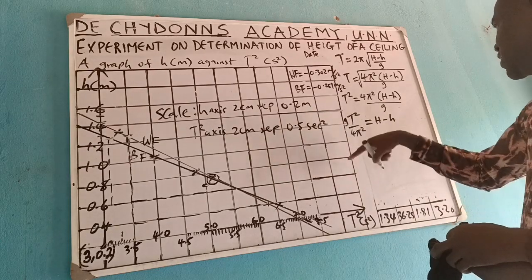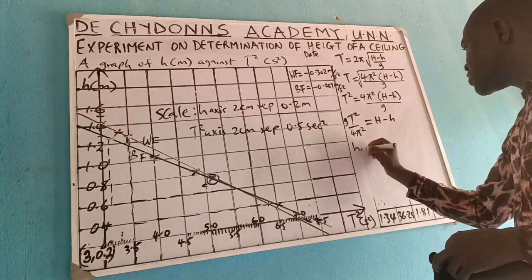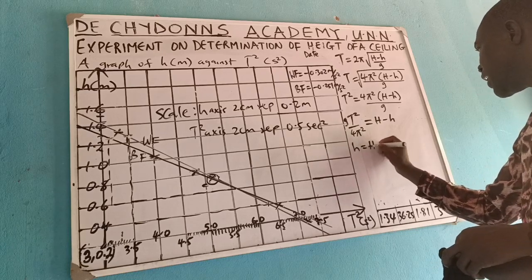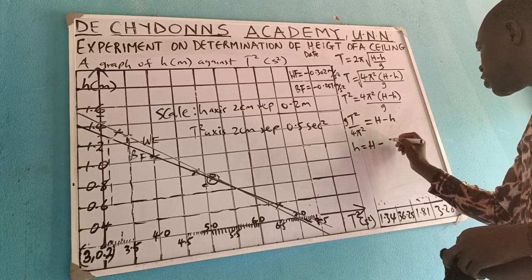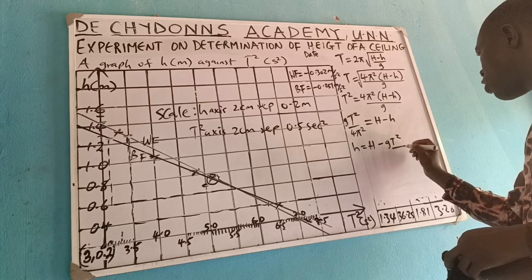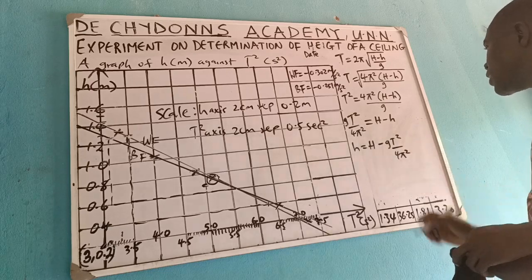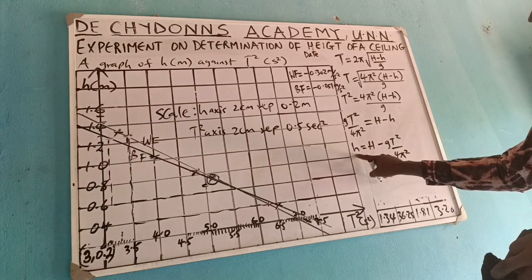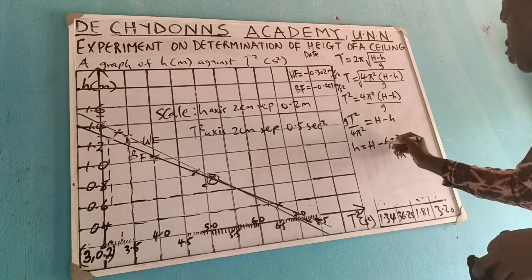Then take this h this side, take the other one this side. h will be equal to H minus g t square all over 4 pi square. That means if you plot the graph of h against t square, this will be your slope.